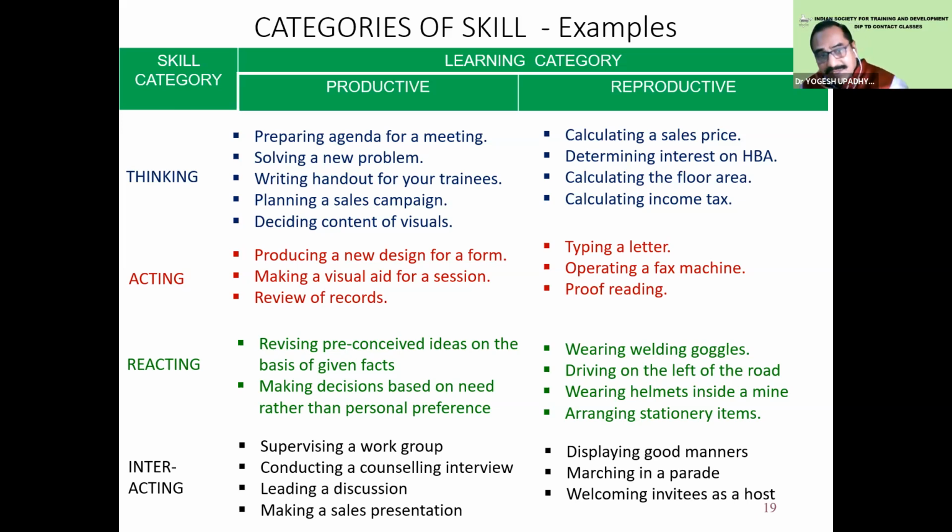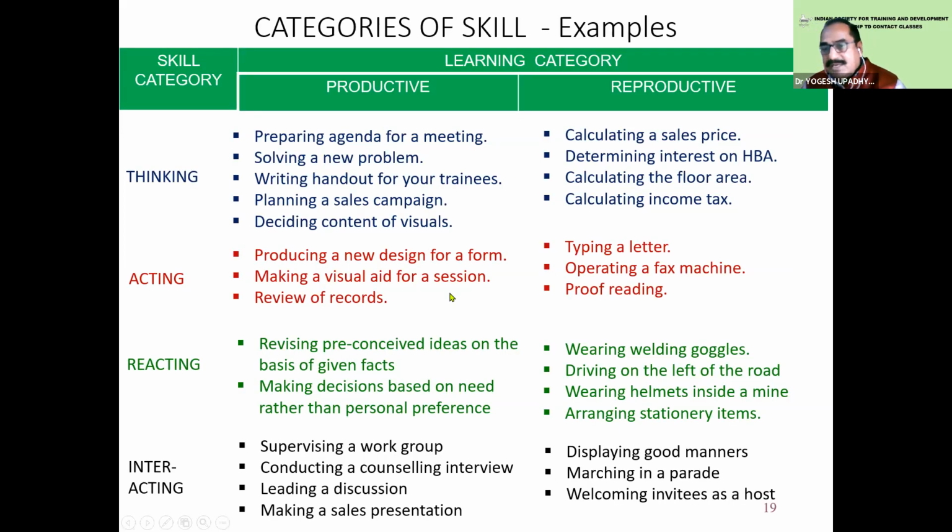We do these, but in productive we have creativity. You can show your creativity, like producing a new design of a form, acting. You can design a form. Like in skill development, in ISTD, there was an assessment going on for skill.